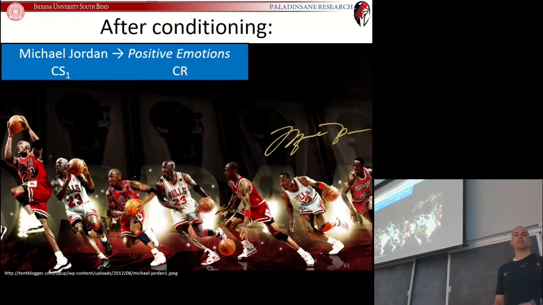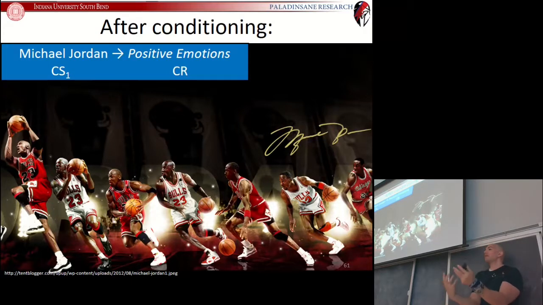And you can always see this happening, for example, with sports stars. When you ask somebody, who's your favorite player? And their face lights up and they're like, oh yeah, Michael Jordan, he's my man. Did you see us win that championship? All of a sudden you start identifying with them as well.